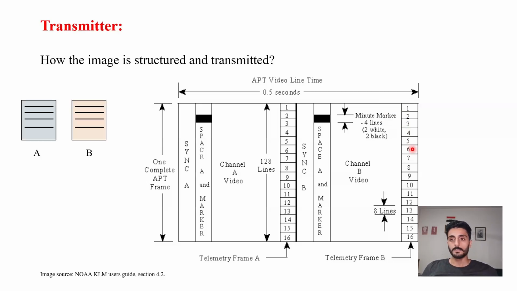So typically APT signals have two images, image A and image B, called channel A and channel B. The information is divided into lines, and in each APT signal line, which is half a second, we have the pixels of image 1 and image 2, as we can see here.